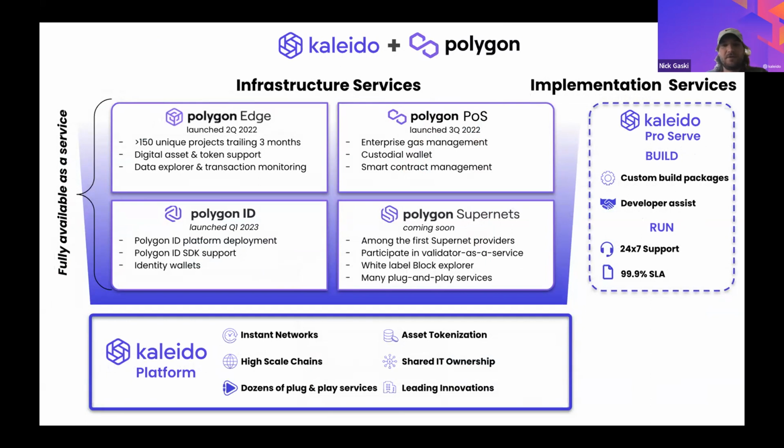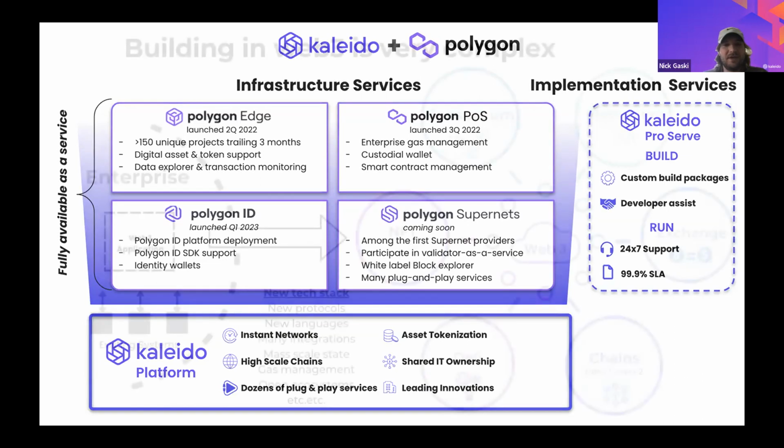So they're a great partner of ours. We love working with them, love stewarding these new technologies, and have had Edge for close to a year now, support public connectivity to Polygon mainnet or any of the testnets. Polygon ID you're seeing today, and then coming soon to a platform near you are supernets.